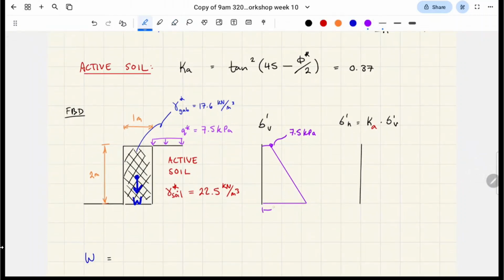Okay, so that amount on our diagram is going to be 7.5 kPa. Now we have to add on a certain amount, making it go more to the right.